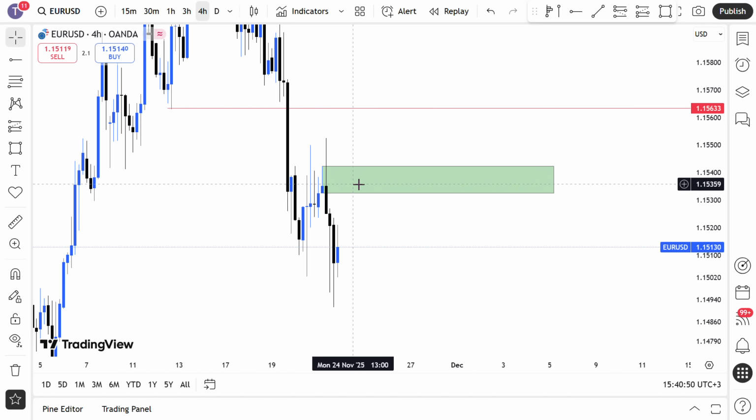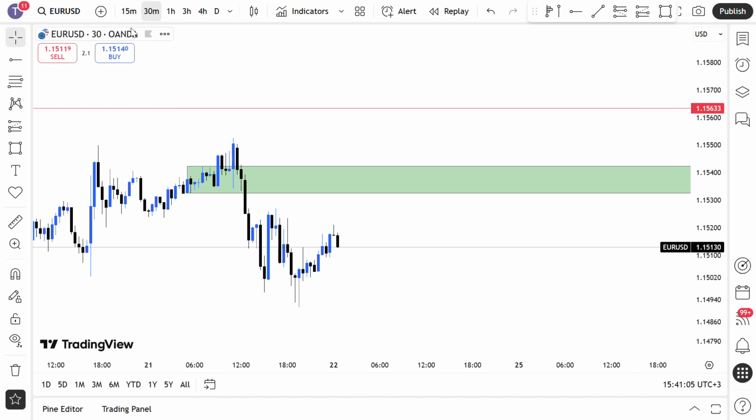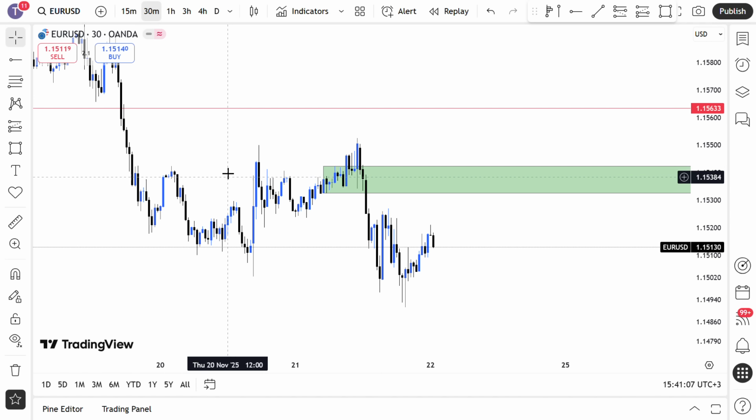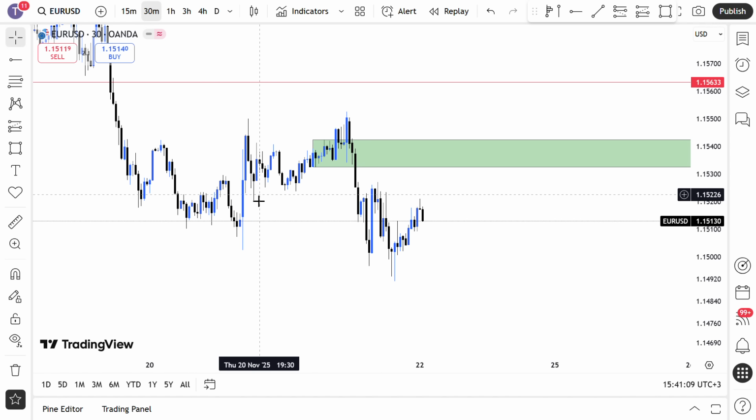So I want to see price coming into this order block, which has a fair value gap, and then reacting from here with a change of character. Because if you come into the 30 minutes time frame, you can see that price swept these highs as liquidity.